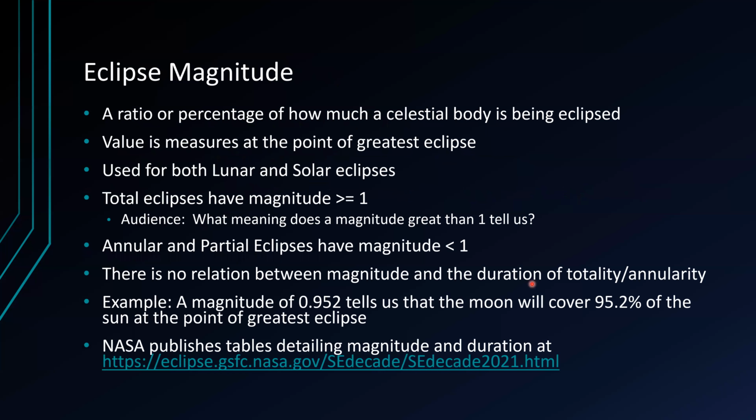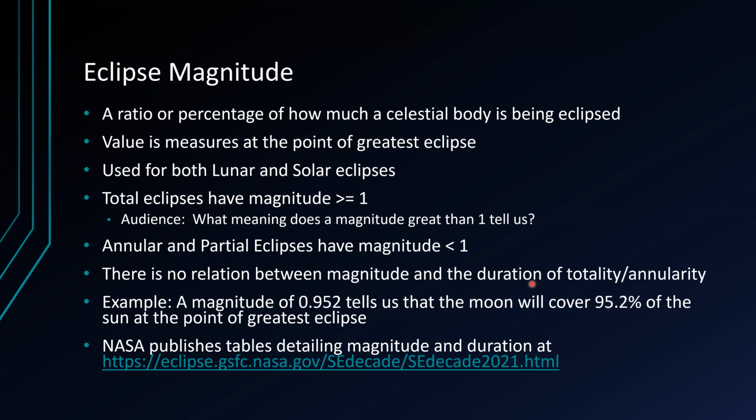This is the only real complicated number I'm going to have throughout this presentation, and that's the eclipse magnitude. This is one of several statistics that sometimes get reported about solar eclipses. It's just a way to describe, as a short summary, what the eclipse experience might be like.